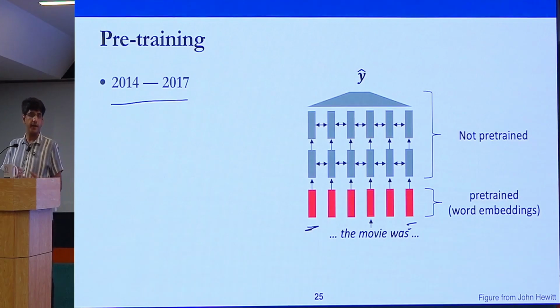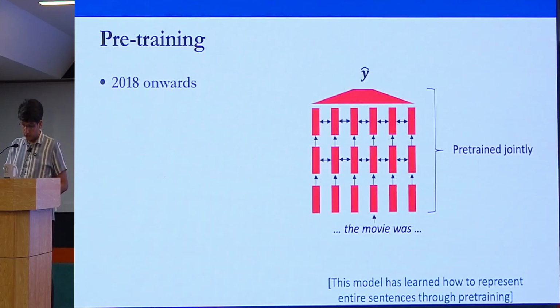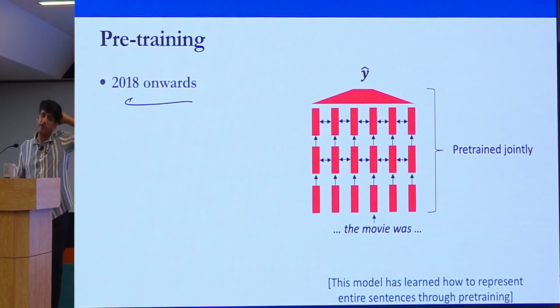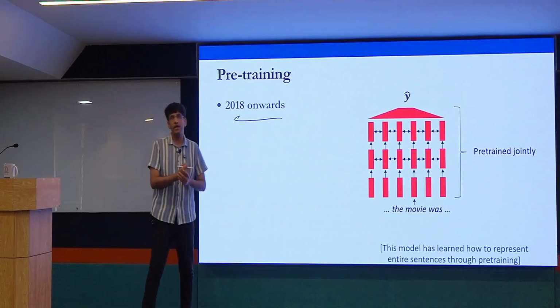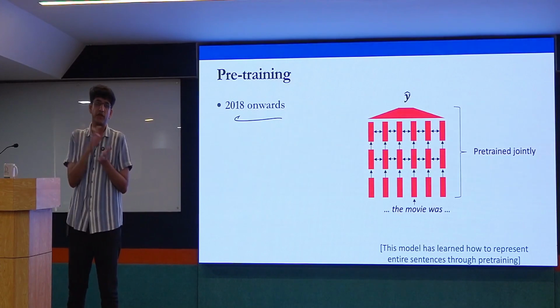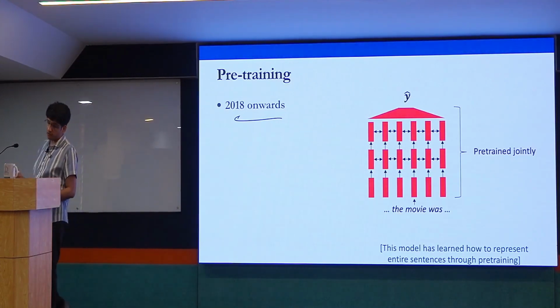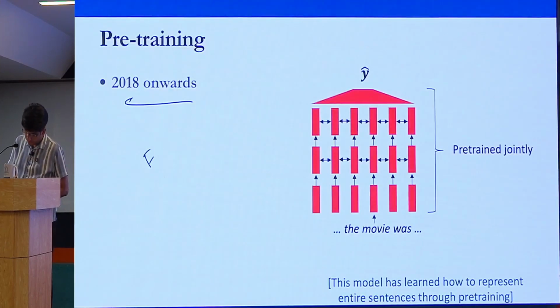Words would be pre-trained by word2vec or GloVe or other mechanisms, and everything else would not be pre-trained and would be decided based on the task itself. But starting 2018 onwards, given this architecture, people thought that we can pre-train everything, and later if we have to change the architecture a little bit to meet the demands of the task, we can adjust it. That process was called fine tuning.